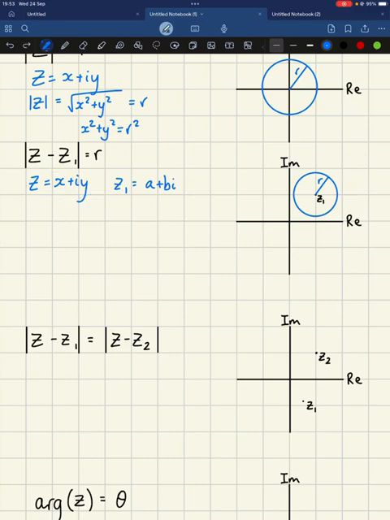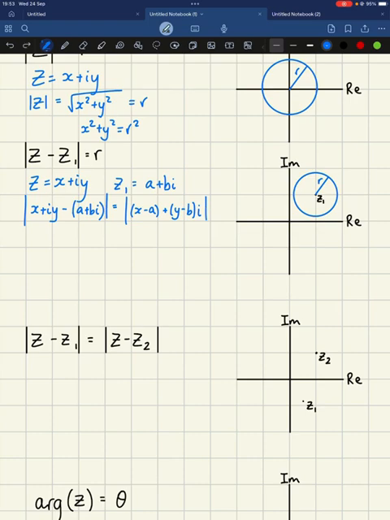So what we can say is the modulus of z minus z1 is x plus iy minus a plus bi. Well, if we group the real terms together, what we're going to get is x minus a plus y minus b i.